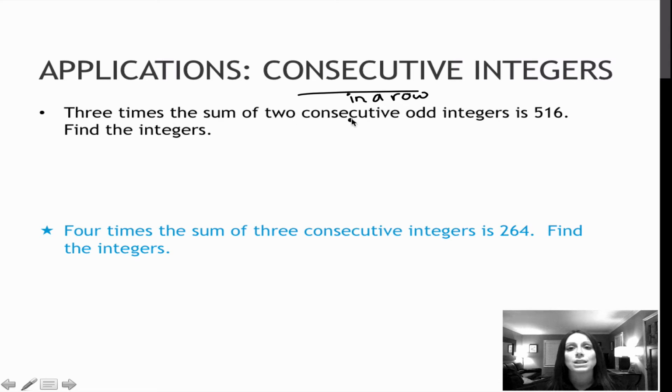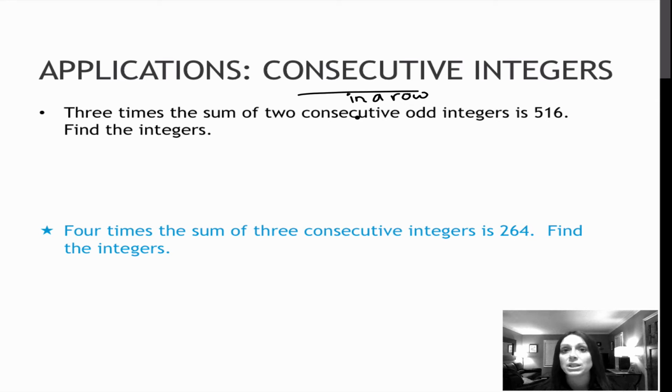So if I'm dealing with just regular consecutive numbers, like 5, 6, 7, 8, etc., those are all a distance of 1 apart. Whereas a consecutive even integer, for instance, would be like 2, 4, 6, 8, 10. Those are all 2 away from each other. So if I said your first even integer was 16, you would have to add 2 to get to 18.